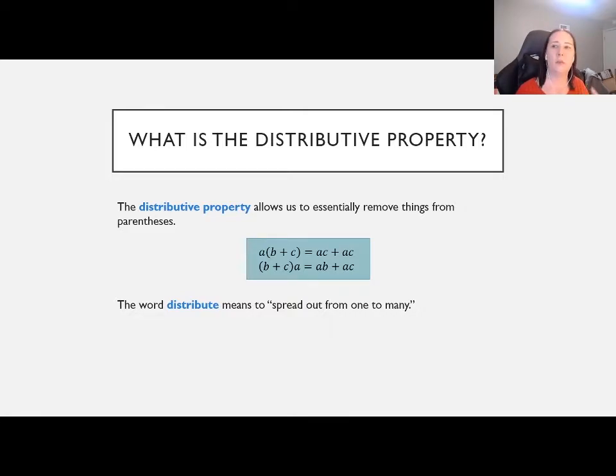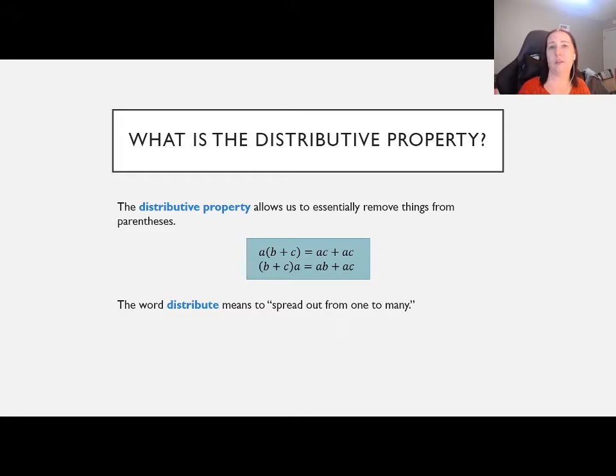The distributive property is a rule that allows us to multiply things together when you have things inside a parenthesis and outside parentheses. Basically, you're taking what is outside and multiplying it by everything that is inside. This allows you to remove the parentheses so you don't have any parentheses at all.